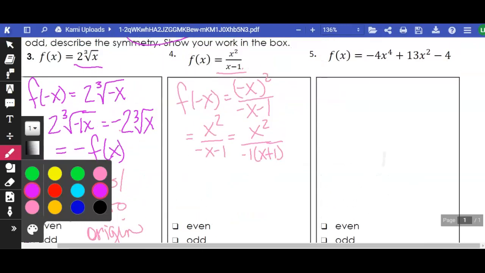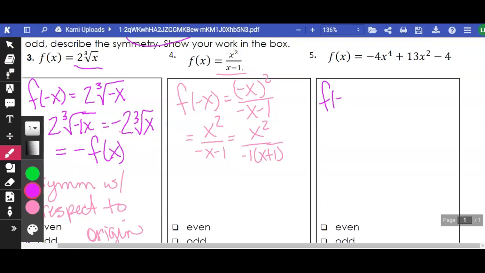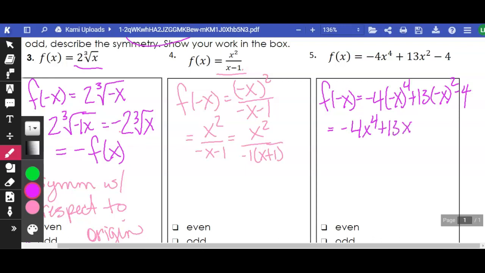Then this last one, I need f of negative x, so that's equal to negative 4 times negative x to the 4th plus 13 times negative x squared minus 4. That's equal to negative 4x to the 4th plus 13x squared minus 4.